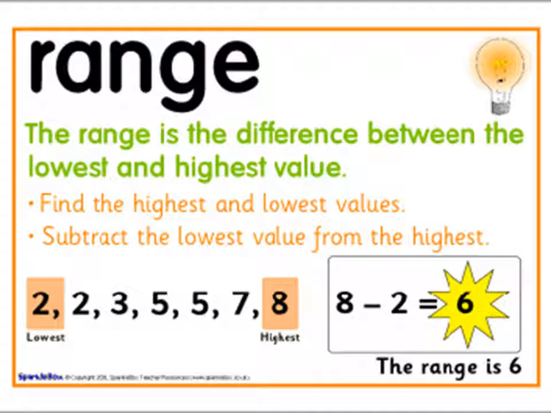So we use mean, median, mode, and range to get an idea of what a set of numbers looks like. For example, if I say that the median height in a classroom is 5 feet 6 inches tall, and it varies from 3 feet to 9 feet, that's a totally different group of people than if I say the height is 5 feet 6 inches tall on average, and the group ranges from 5 feet 4 inches to 5 feet 8 inches.